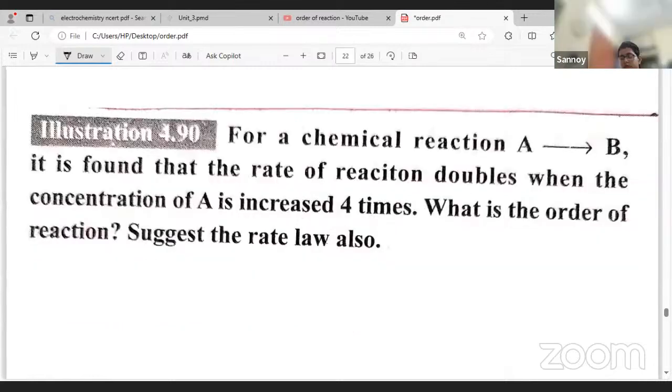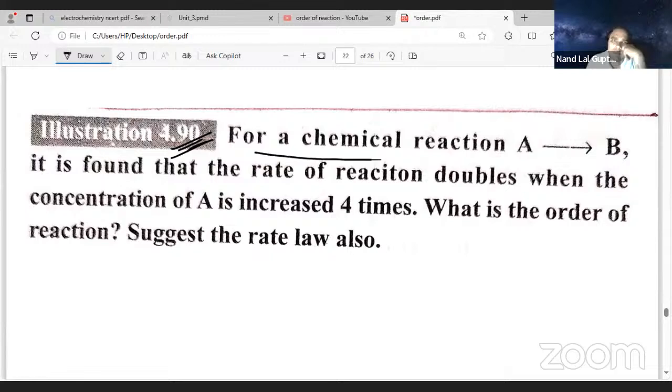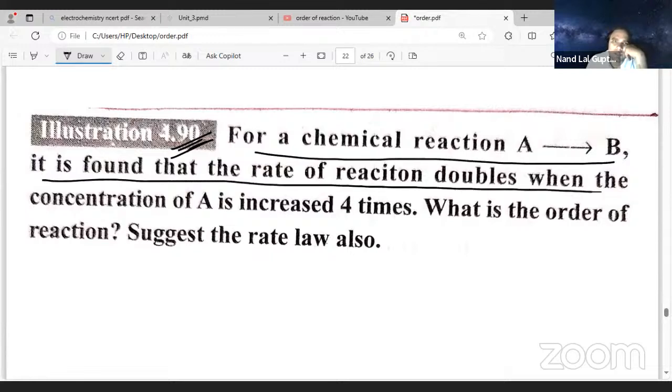Solve this one. For a chemical reaction A to B, it is found that the rate of reaction is doubled when the concentration of A is increased 4 times. What is the order of reaction?